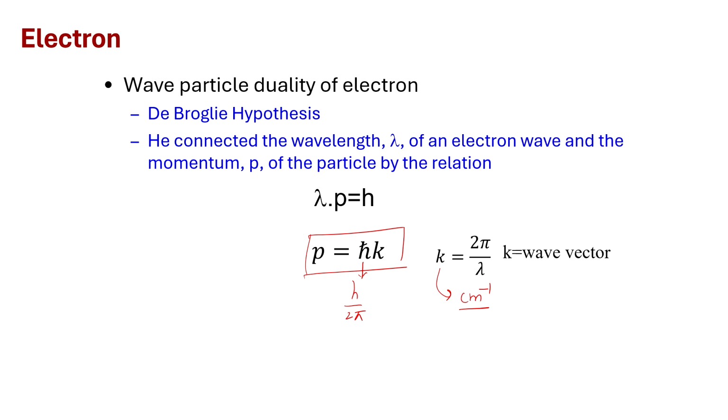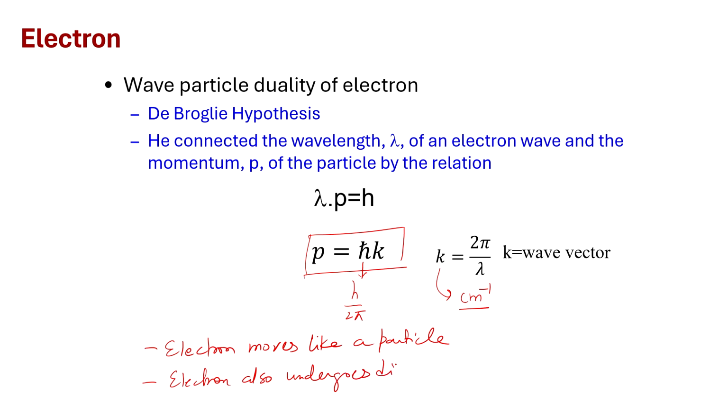And this was also proven by several experiments. For example, an electron moves like a particle, but it also undergoes diffraction. And diffraction is a wave phenomenon, and this experiment was conducted.